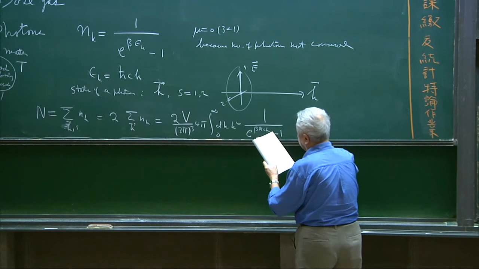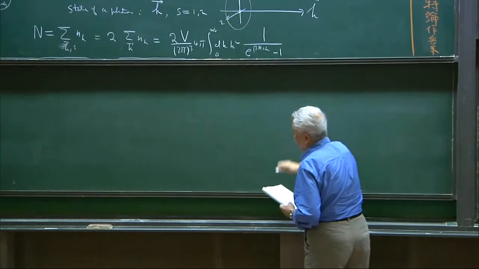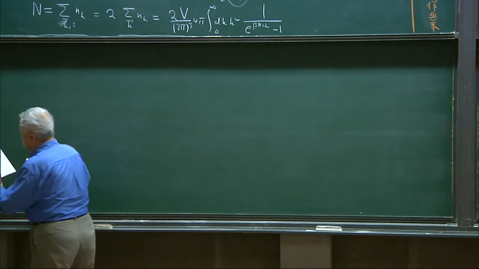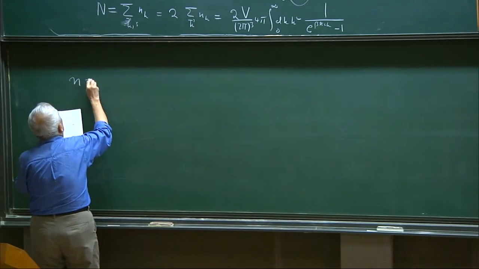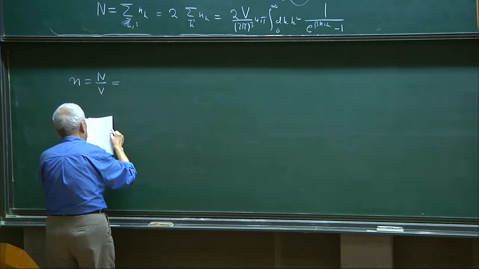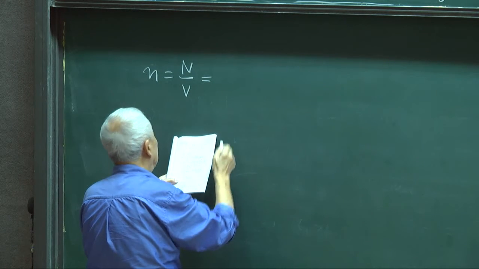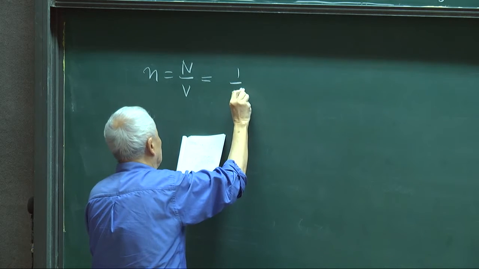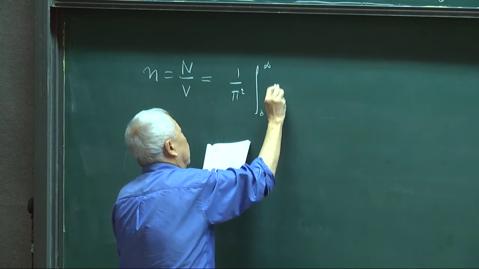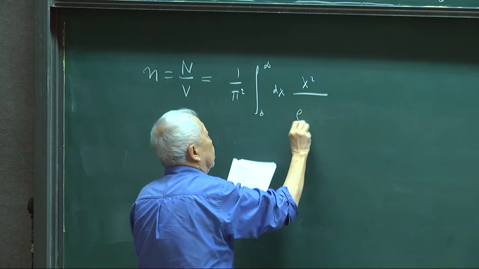And the answer may be best quoted by dividing N by V. So the density of photons at temperature T is equal to 1 over pi squared, integral from 0 to infinity dx x squared over e to the x minus 1.